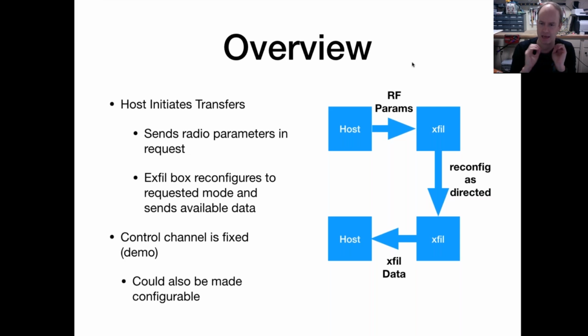Go ahead and reconfigure yourself based on what I'm telling you. That Exfil box is going to receive that transmission. It's going to say, okay, I'm going to change myself to be a different kind of radio. After it does that, it's then going to use that new set of radio parameters and push that information back out to the host.